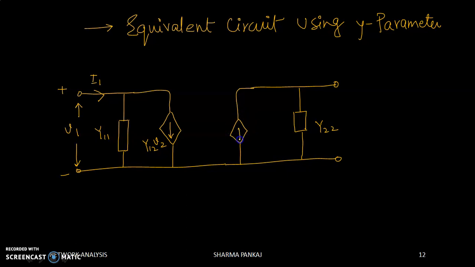This is Y21 V1. This is I2. This is the voltage defined from here, V2. So this is your equivalent circuit diagram. We have drawn this by using Y parameter.